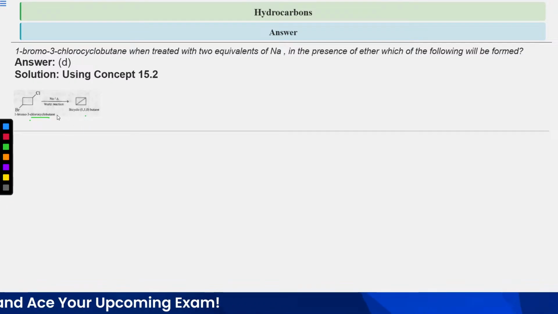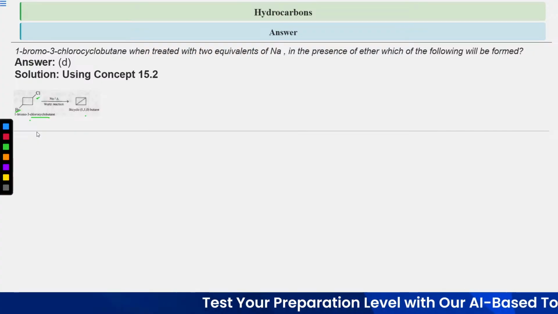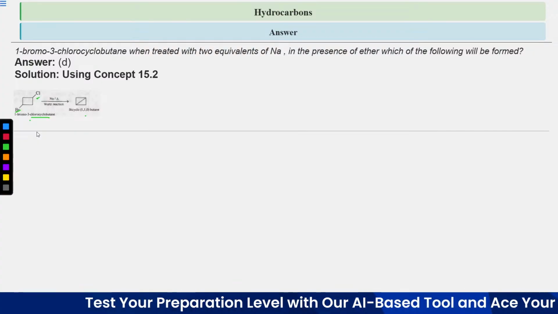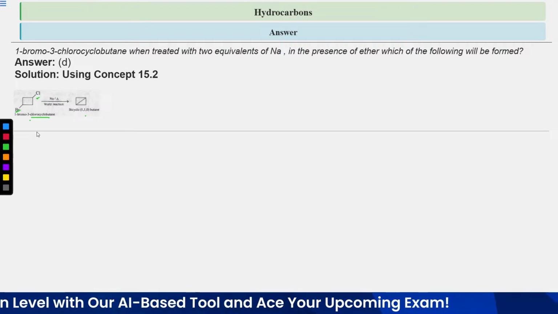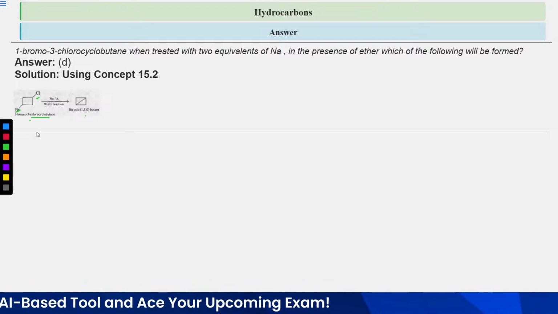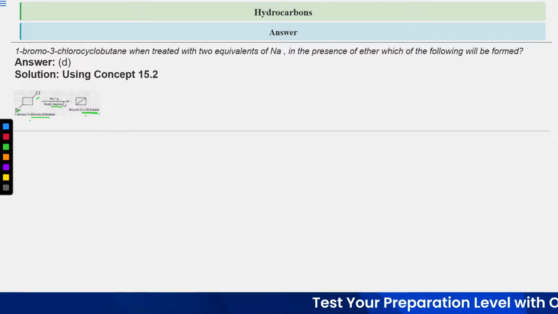There is a cyclobutane structure where bromine and chlorine are attached at opposite carbons, and you are treating it with two equivalents of sodium. The reaction following is Wurtz reaction. This alkyl halide will convert to bicyclo[1.1.0]butane. So our final product is this, and this product is given in option D.